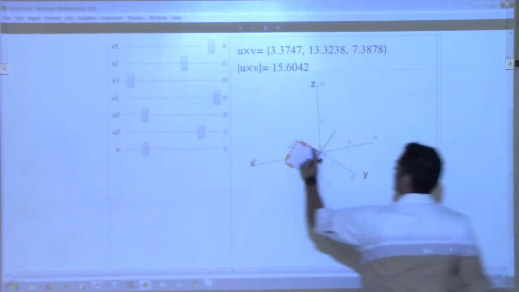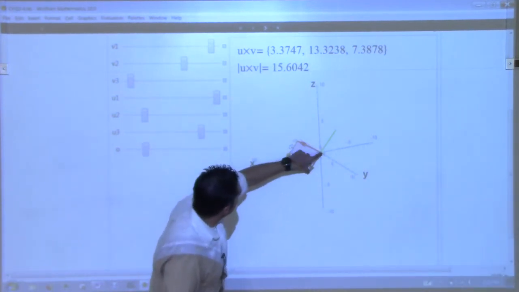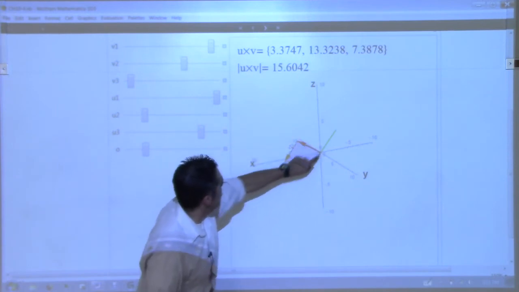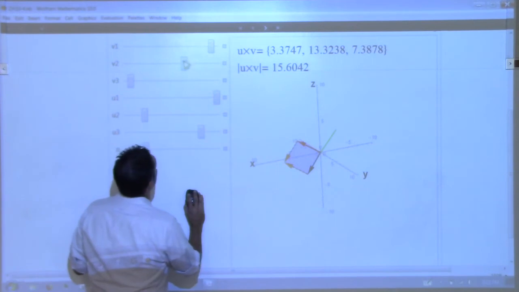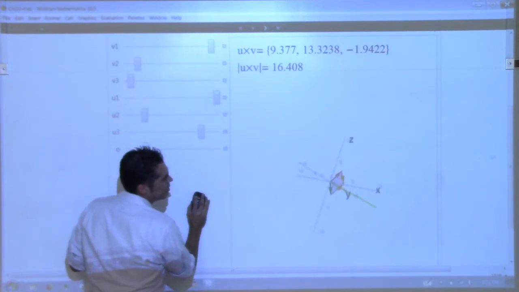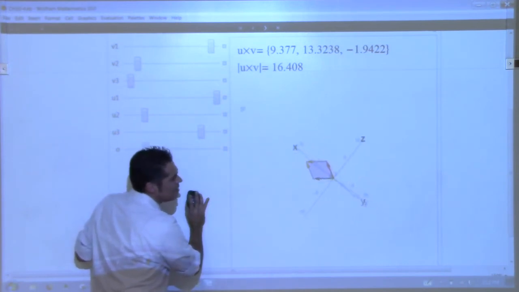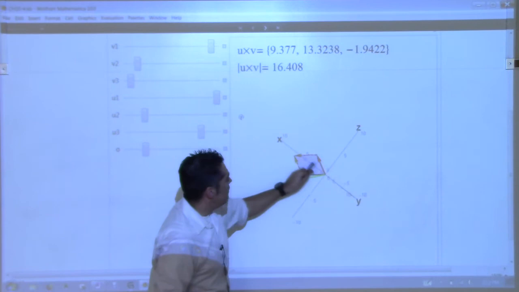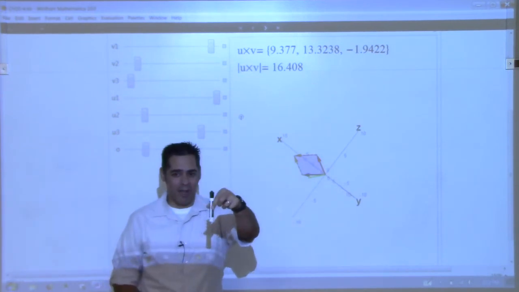If I were to take the black one, put it here, take the red one, put it here, I would create a parallelogram. It doesn't look like a parallelogram right now, so I'll skew that one over. I hope that you can kind of see that bluish region looks like a parallelogram. Yes? Okay, it turns out that the area of that parallelogram is the length of that cross product vector.